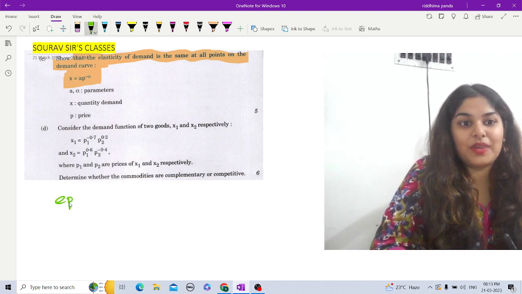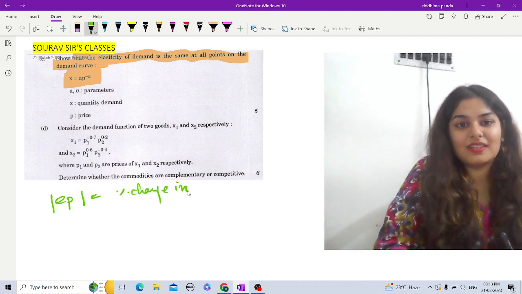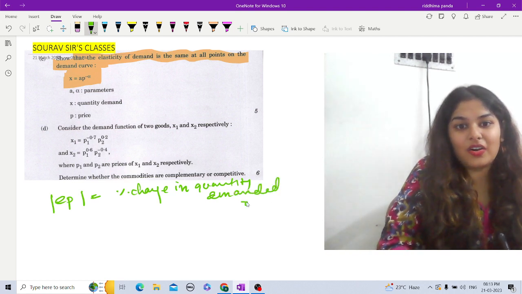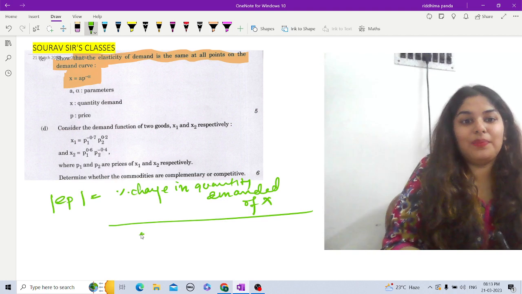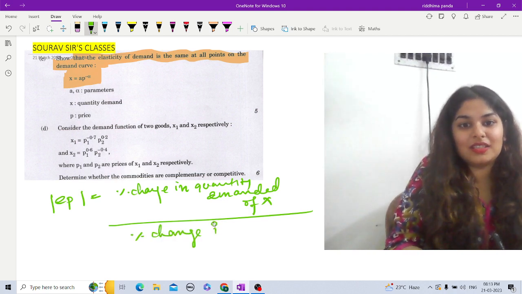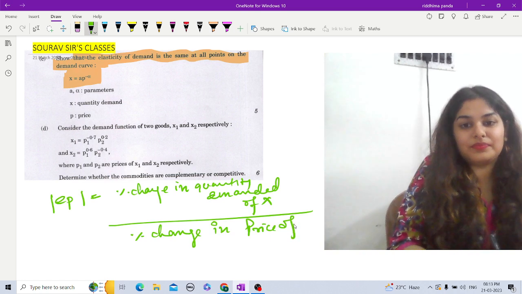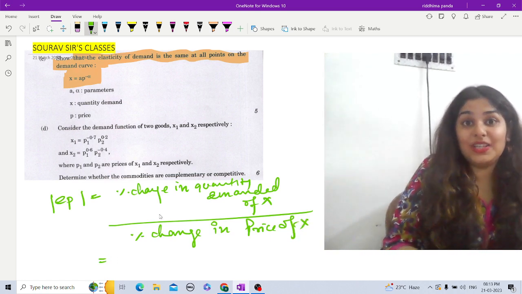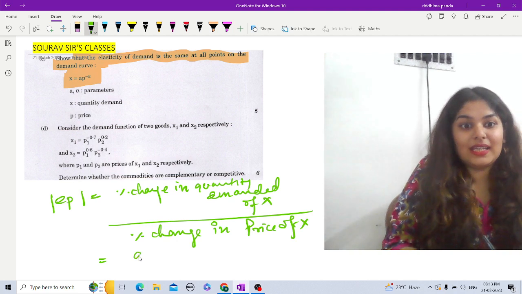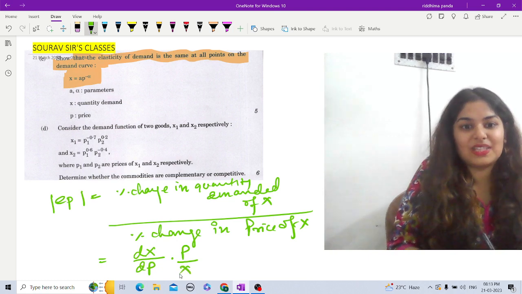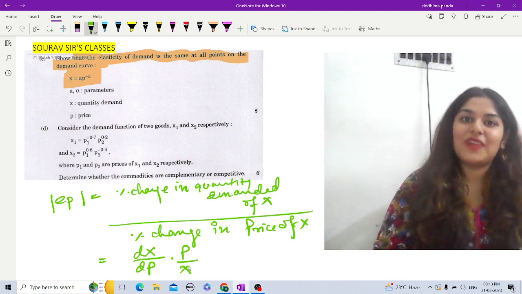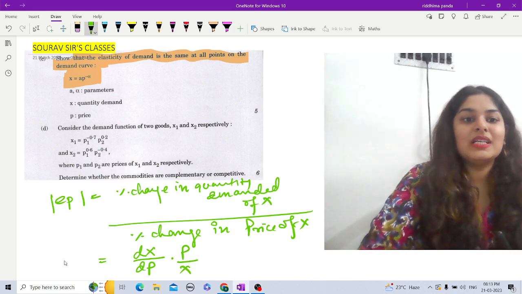The formula is percentage change in quantity demanded of X divided by percentage change in price of X. Numerically, we can write it as dx by dp into p by x, where p and x are the initial price and quantity demanded. So this is our formula.